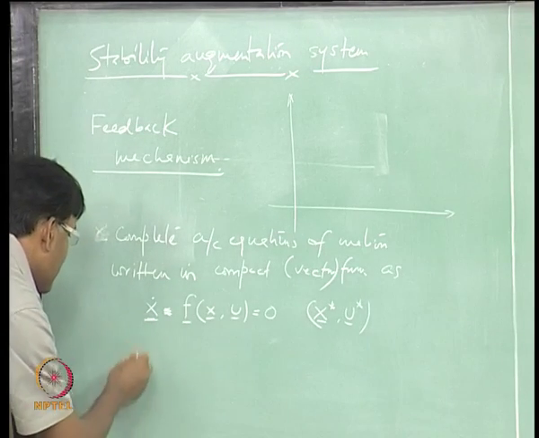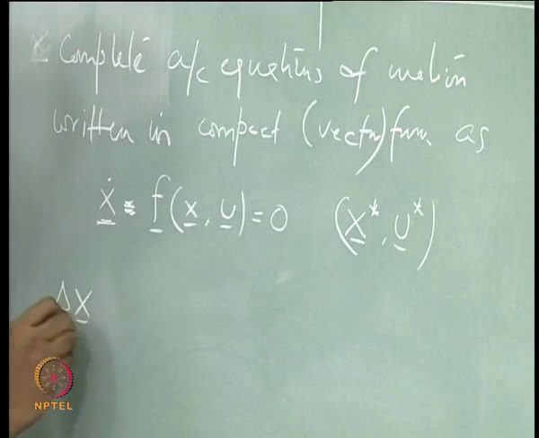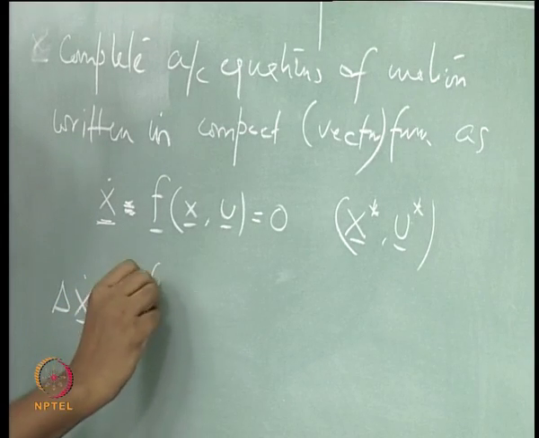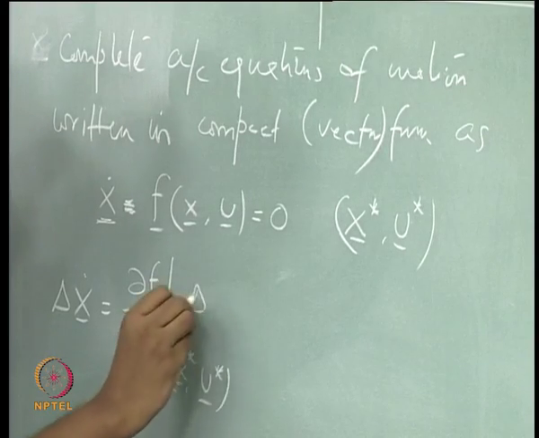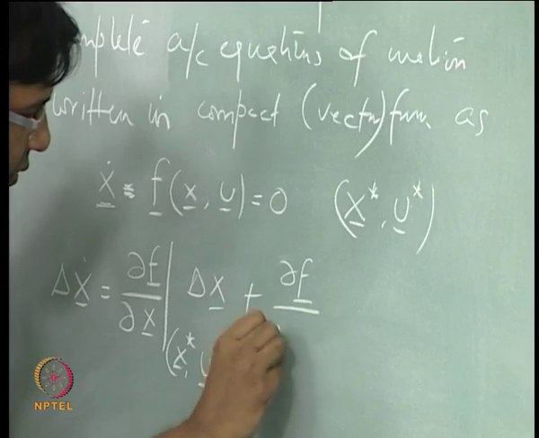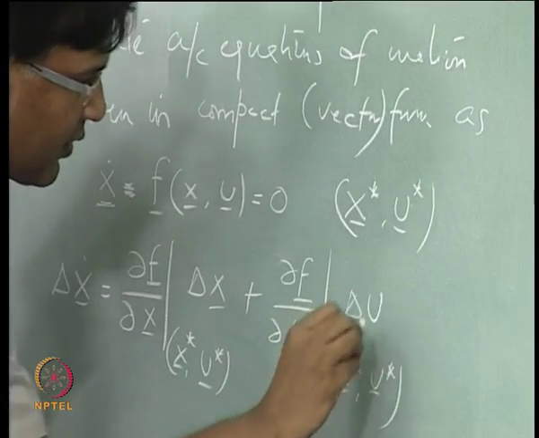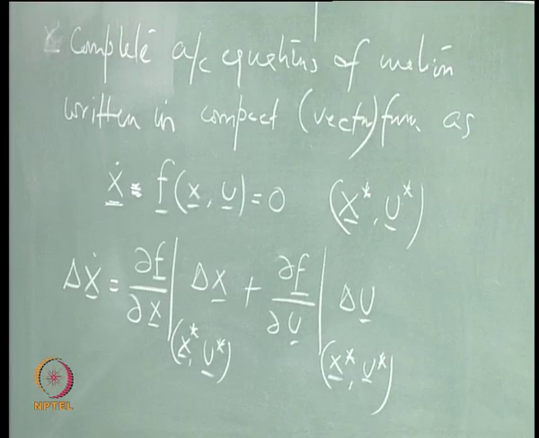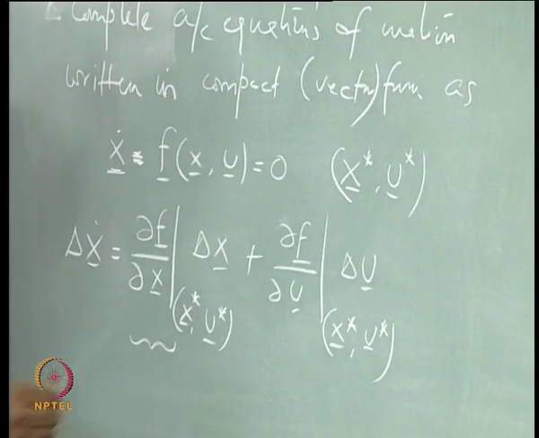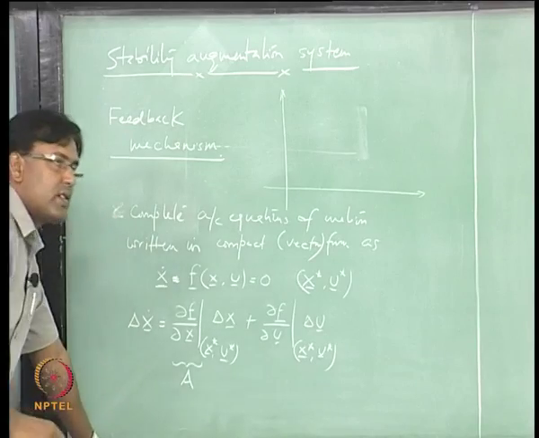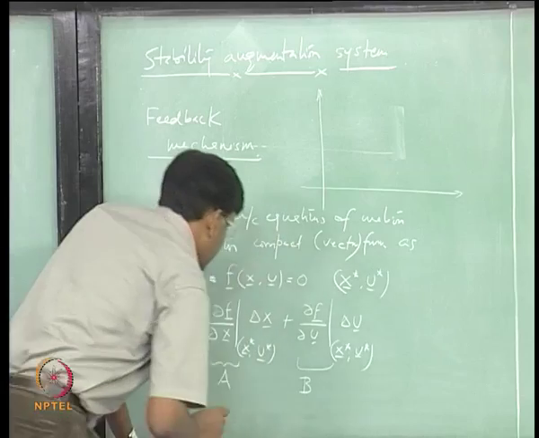The linear model around the equilibrium point is developed using small perturbation theory, and what it gives is, now this matrix is a matrix of constant numbers at this equilibrium flying condition, and that we called system matrix A, and this matrix is also evaluated at this equilibrium point and is called the control matrix.